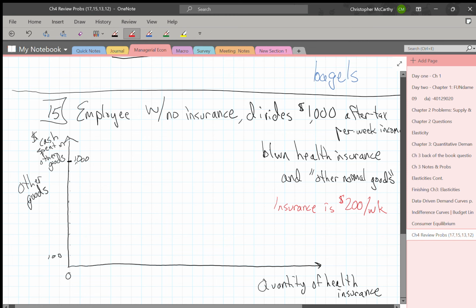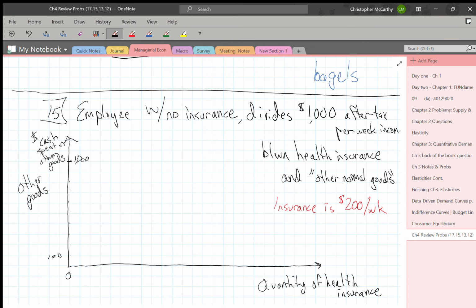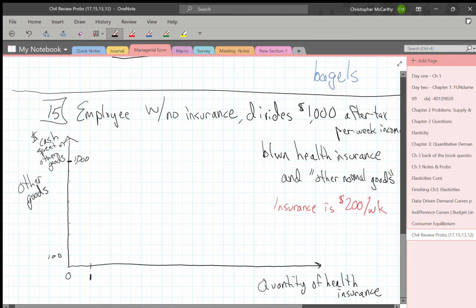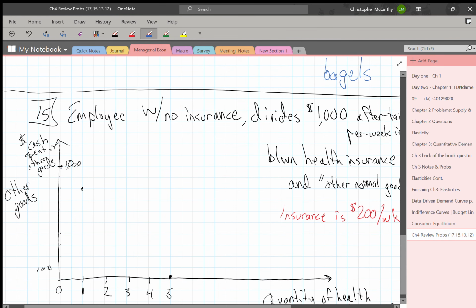So, if she got one insurance, then it would be 800, right? If she got, and so the rest of it doesn't really make any sense, right? Because why would you go ahead and get 5 insurances, right? But it's just for completeness to put it, if that makes any sense. So this is our baseline.